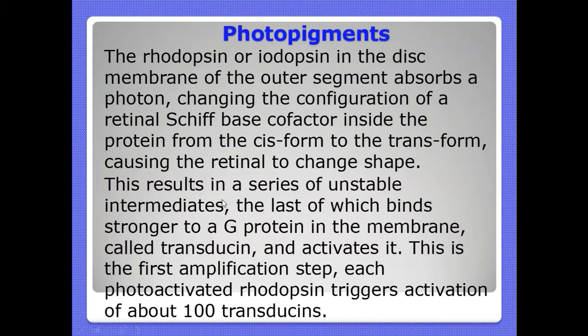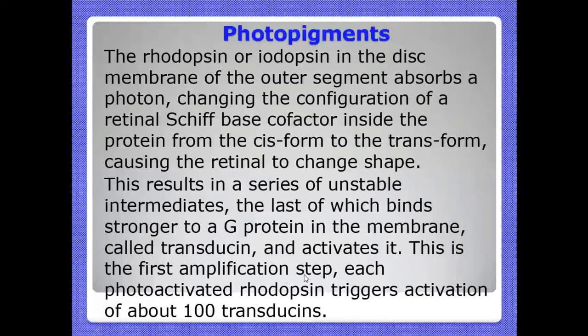This results in a series of unstable intermediate biochemical steps, the last of which binds stronger to a G protein in the membrane called transducin. This transducin is activated by this G protein complex. This is the first amplification step, which happens in the photopigment area.